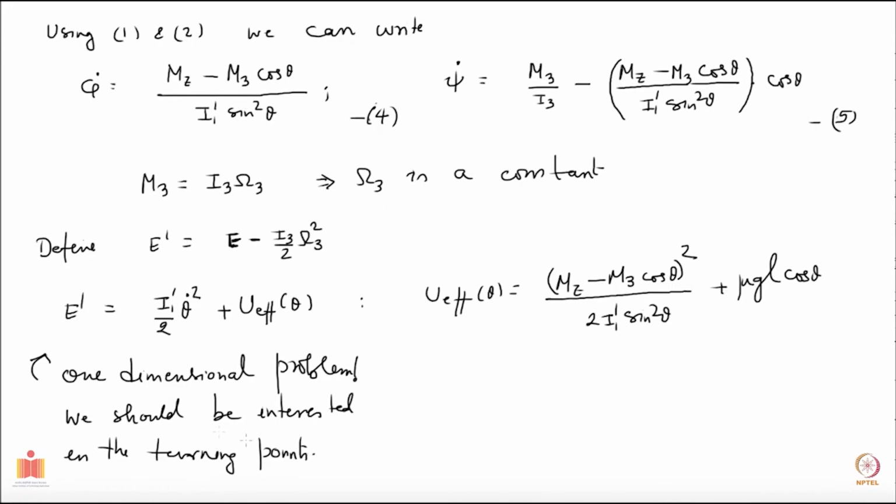I'm going to take my E prime, and wherever I have cos theta, I'm going to substitute u. This will become u, this will become u, this will become 1 minus u square, right? So as far as U effective is concerned, you will immediately have it in terms of u. Okay, and theta dot square will also give you a nice expression of u, which I'll show.